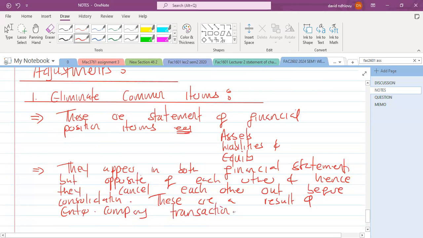It simply means that these guys have had transactions with each other, and those transactions have resulted in balance sheet items.